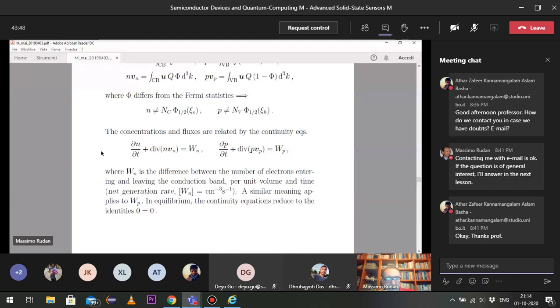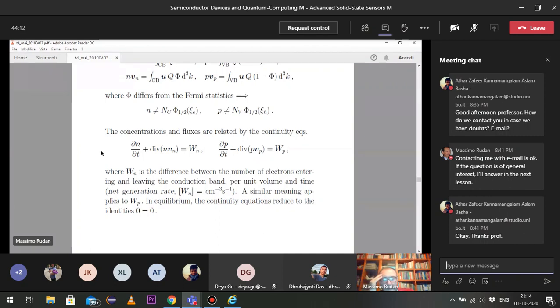I described the procedure using Jn and Jp, but you remember that if you take Jn and you divide by the charge of the electron with the minus, you obtain the flux nvn, and the same for the holes, okay?